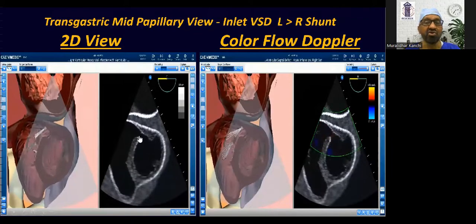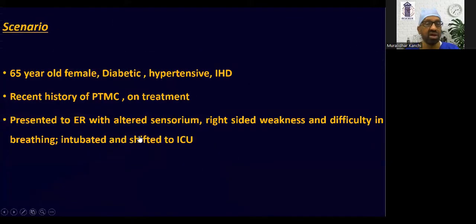This can be easily made out using color Doppler in a transgastric window using transoesophageal echocardiography. Let us take a case of a 65-year-old female, diabetic, hypertensive, with a history of ischemic heart disease and recent percutaneous transluminal mitral commissurotomy, on treatment, who presented with altered sensorium and weakness of the right side.